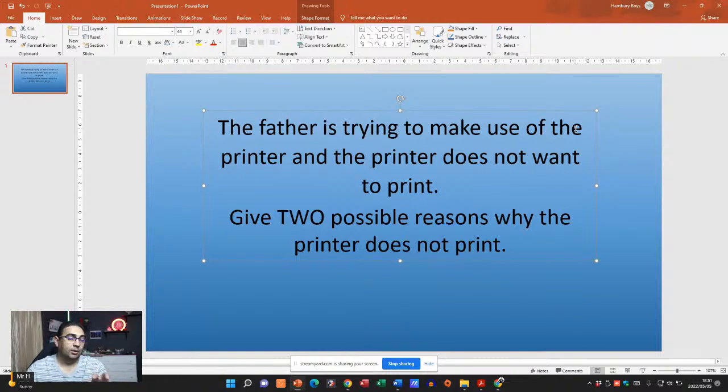It doesn't say whether it's a wired connection from a laptop. It doesn't say anything like that, and the printer doesn't want to print. So this is why I'm saying to you, you can also say it could be the Wi-Fi connection between his phone and the printer. The Wi-Fi could be down. He could have signal issues, anything like that, because they haven't specifically said it's not a Wi-Fi connection. So you need to just think of it like that as well.